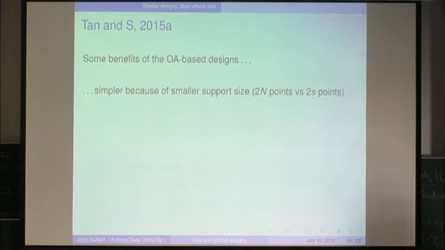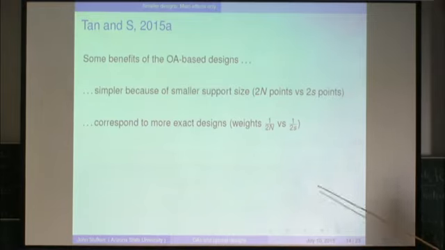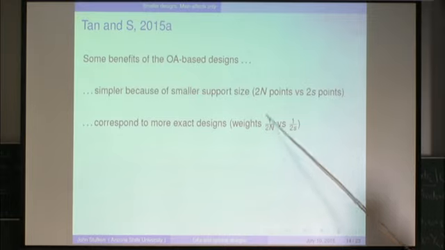So some benefits of orthogonal array-based designs in this way: smaller support size, 2n versus 2s points. They correspond to more exact designs. So, I mean, here you would have to multiply by 2n to get an exact design. Here you would have to multiply by 2s to get an exact design.